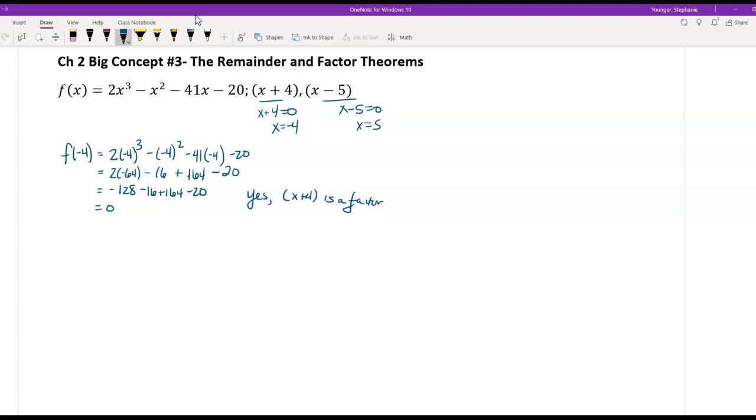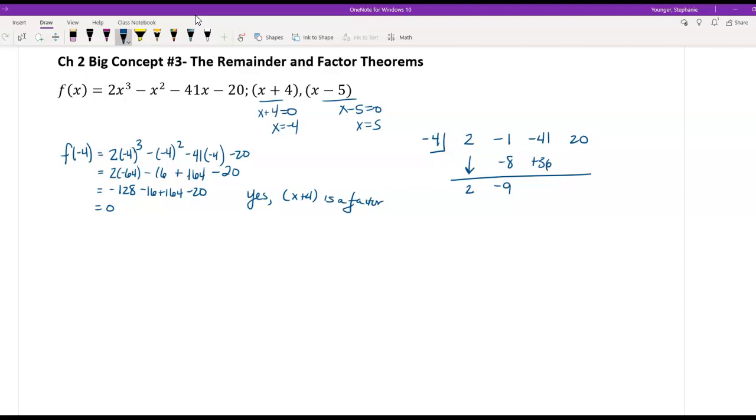So because it is a factor, let's go ahead and do that synthetic division real quick. So negative 4, then we have our leading coefficients of 2, negative 1, negative 41, and 20. So drop down our 2. Negative 4 times 2 is negative 8. Negative 1 plus negative 8 is negative 9. Negative 4 times negative 9 is positive 36.